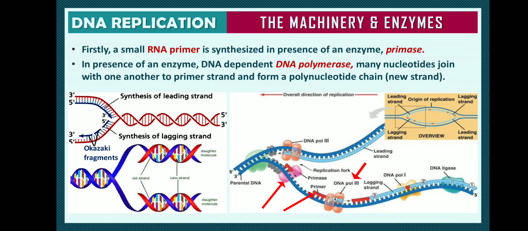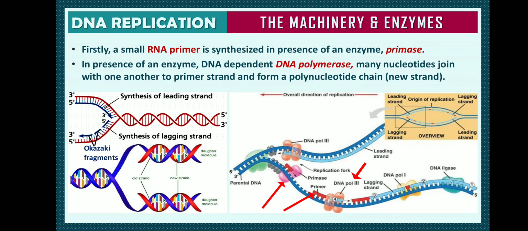whereas the leading strand has only a single primer, students. So in the presence of an enzyme, that is DNA dependent DNA polymerase. What is that enzyme? The enzyme responsible for DNA replication is a DNA dependent DNA polymerase. That means, by using a template DNA, it can synthesize a new strand of DNA. Such an enzyme is called DNA dependent DNA polymerase.